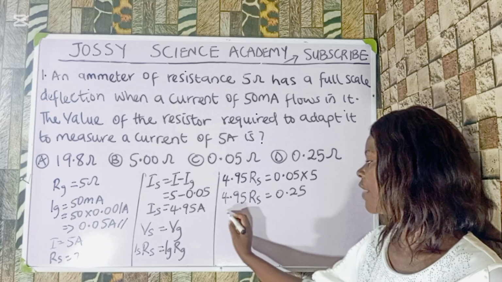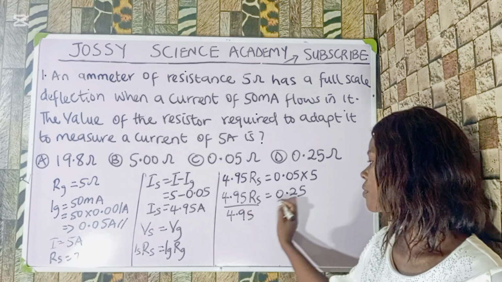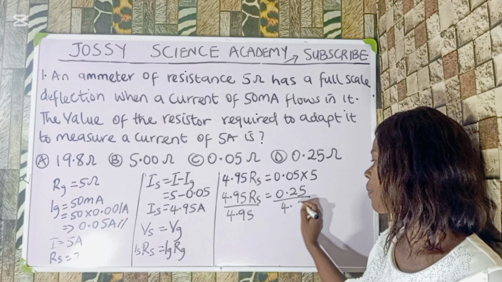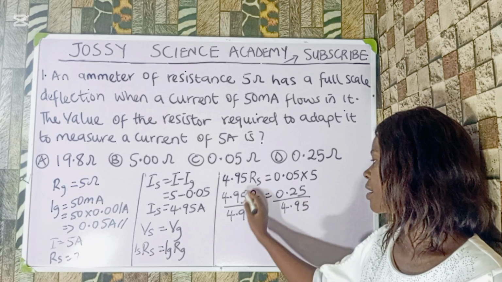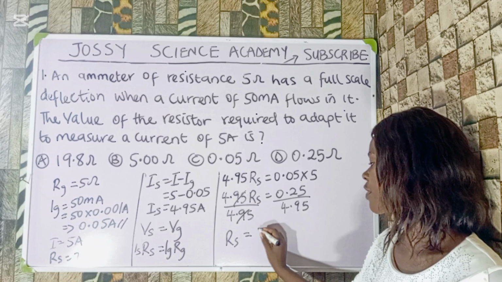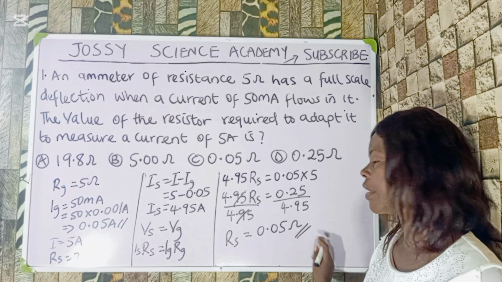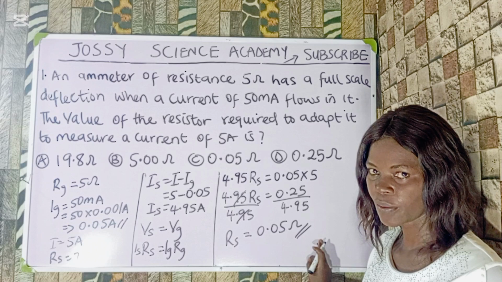Divide both sides by the coefficient of Rx, which is 4.95. Now we cancel, and my Rx is going to give us 0.05 ohms. Do we understand what I just did?